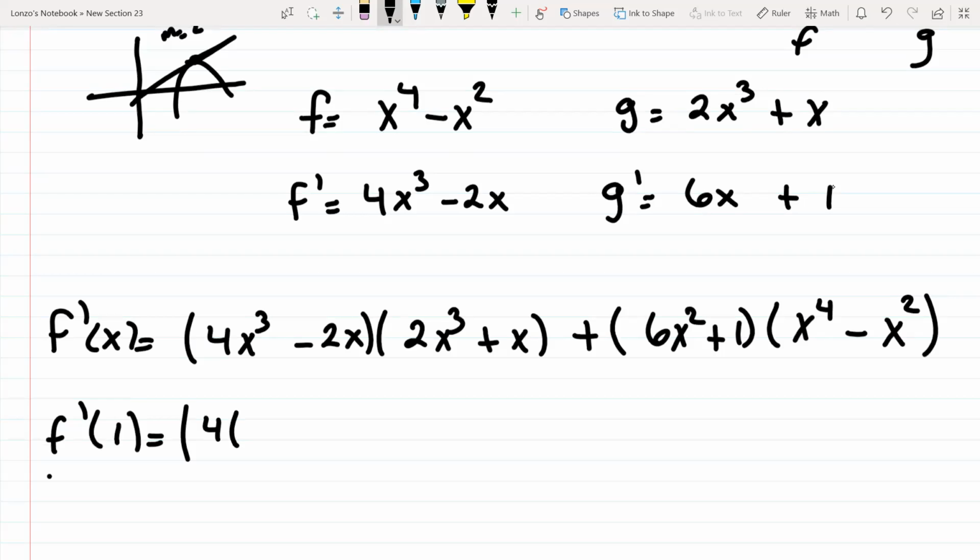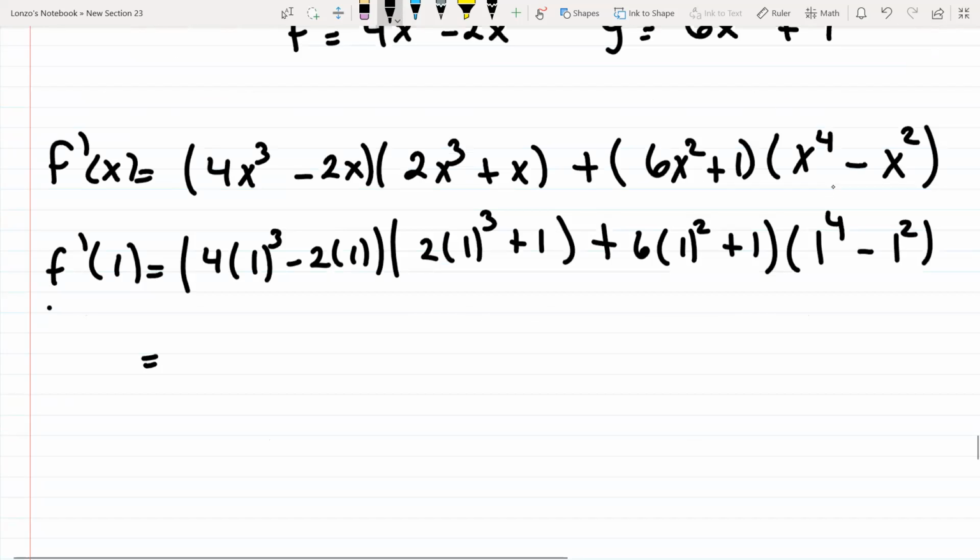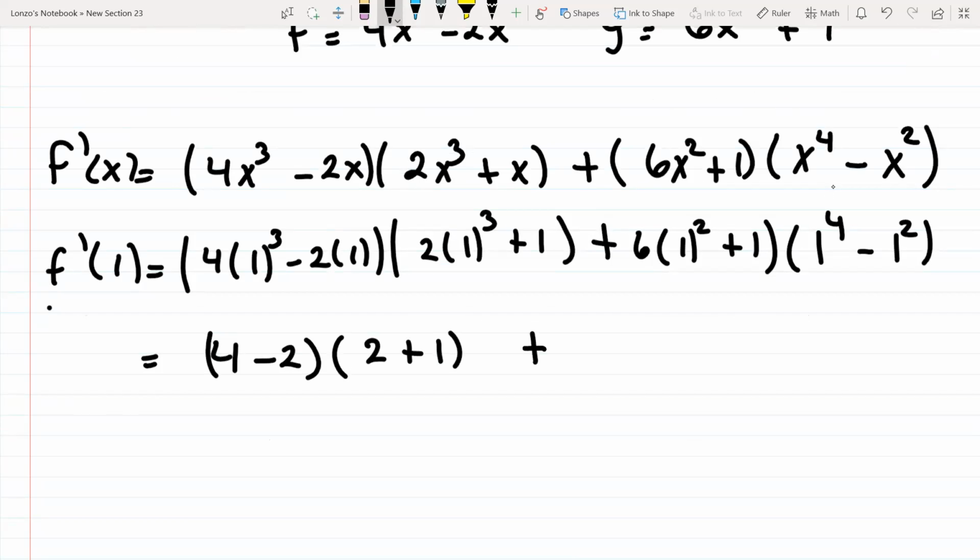So this would be 4 times 1 cubed minus 2 times 1, times 2 times 1 cubed plus 1, plus 6 times 1 squared plus 1, times 1 to the fourth minus 1 squared, and this would be 4 minus 2, and then this would be 2 plus 1 plus 0, and 4 minus 2 is 2, 2 plus 1 is 3, and then plus 0, so your final answer would be 6.